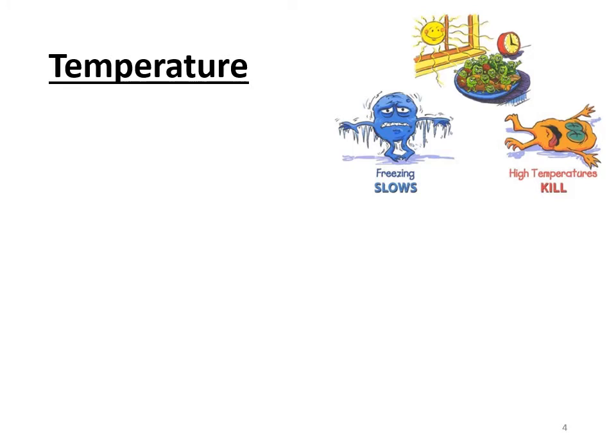So we're going to start with temperature. And when it comes to temperature, there's a term I want you to remember, which is the cardinal temperatures. Every organism, including us, has cardinal temperatures, which means every organism has a minimum, a maximum, and an optimal temperature. So when you hear cardinal temperatures, think the minimum, maximum, and optimal temperature for that organism.